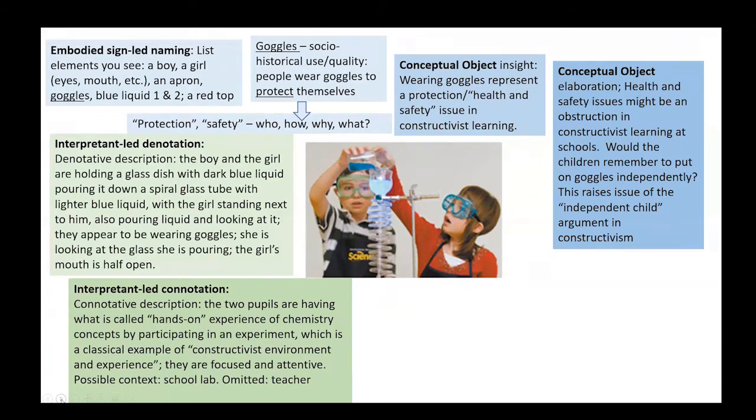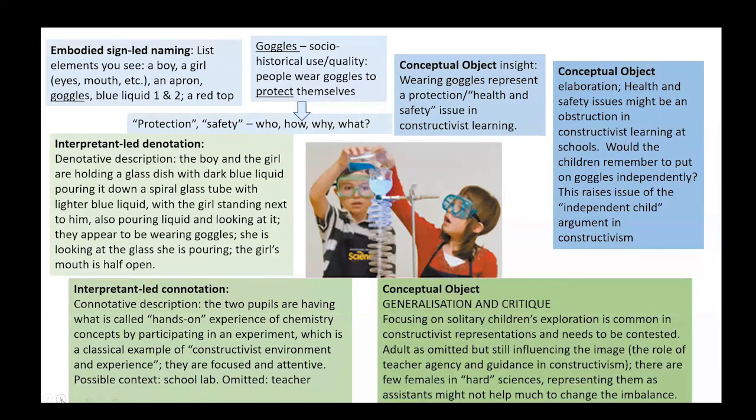Would the children remember to put on goggles independently? Because constructivism really highlights independent learning. So this raises the issue of the independent child argument in constructivism, how to tackle that in terms of health and safety. And that comes from the consideration of goggles worn for protection.